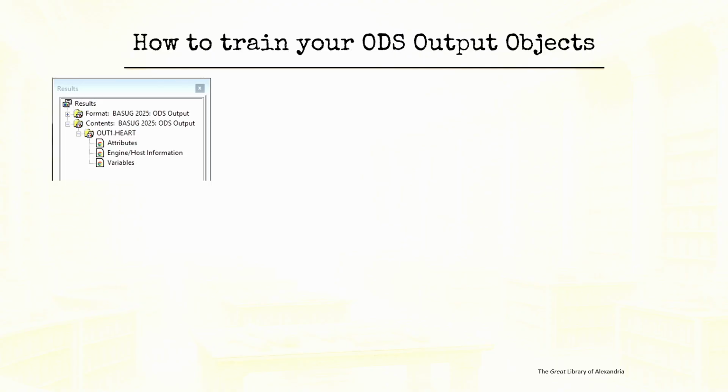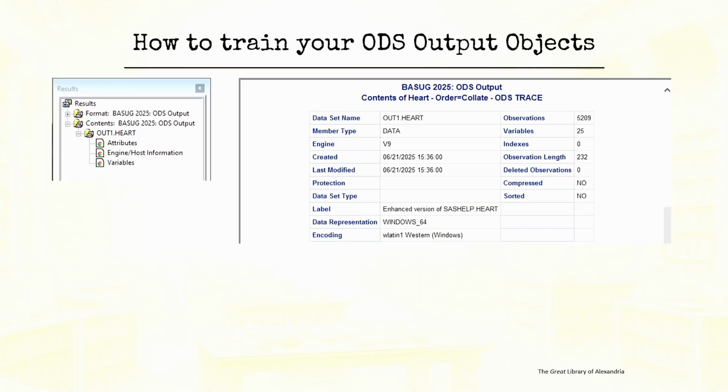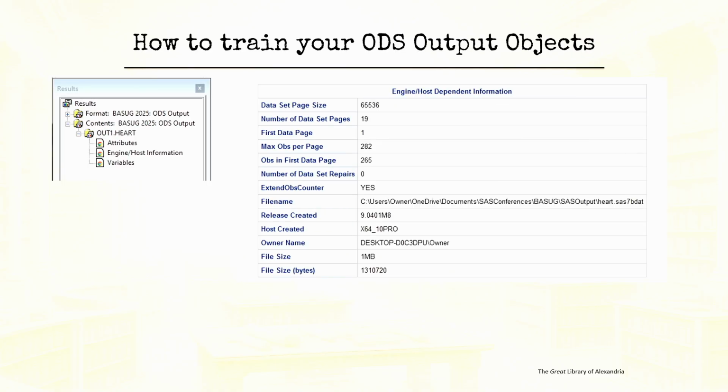So the print outputs that are created by the procedure are attributes, engine host, and variables. And that's what we see in the listing. And we can see here, this is the engine host information. In your printout, that will be the top row in your ODS listing.